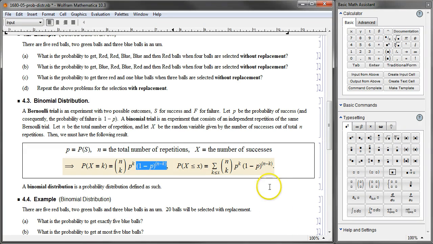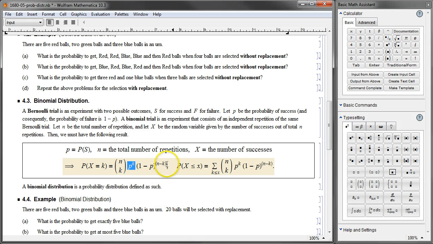And if you repeat that Bernoulli trial a number of times independently, that is called binomial trial. And the probability mass function of the binomial trial is given like this. Binomial n choose k times p to the k power times 1 minus p to the n minus k power.